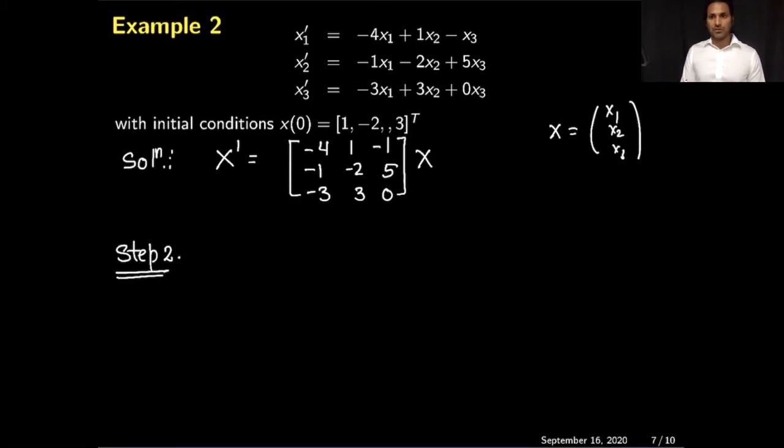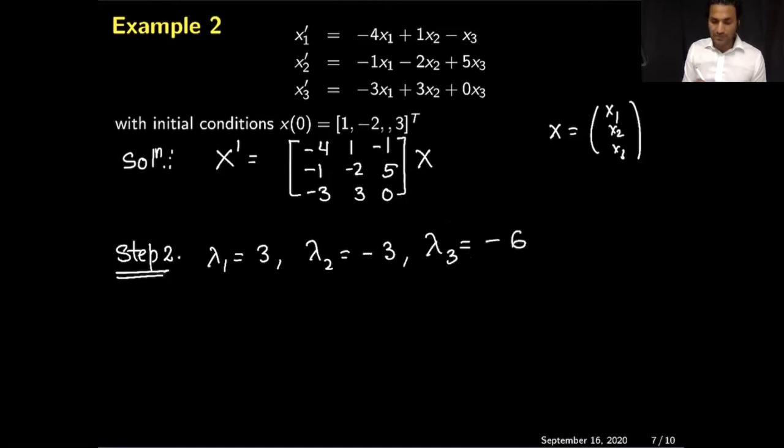In step number 2, I will calculate the eigenvalues and eigenvectors of this 3 by 3 matrix A. In the previous video, we learned how to calculate the eigenvalues and eigenvectors of a 3 by 3 matrix. Please review that video. So here we have 3 eigenvalues: lambda 1 is equal to 3, lambda 2 is equal to -3, and lambda 3 is equal to -6.